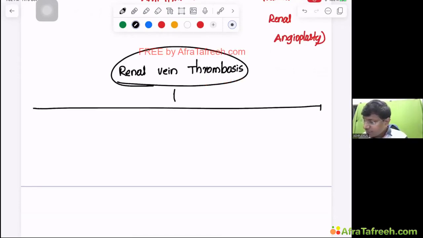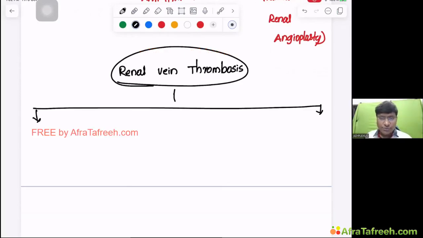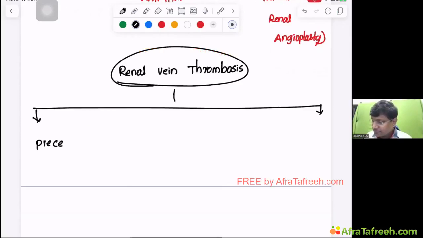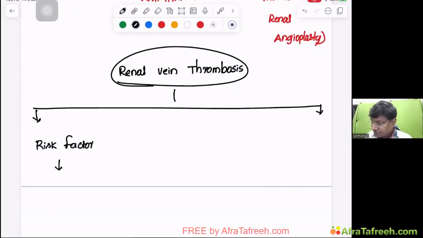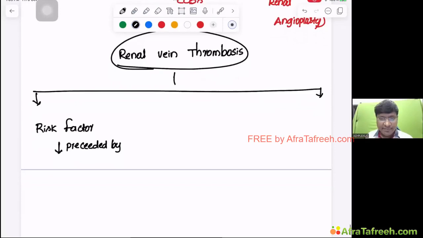But what are the predisposing factors for the development of renal vein thrombosis? The risk factor is that it is preceded by gastroenteritis.